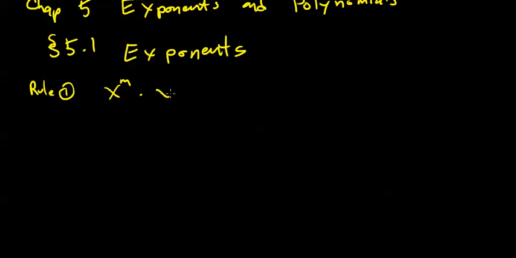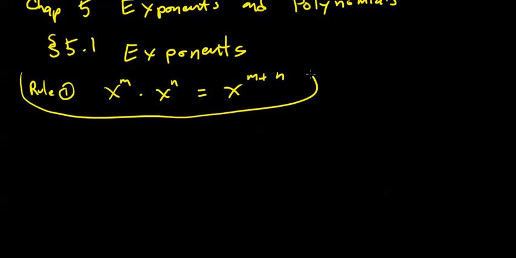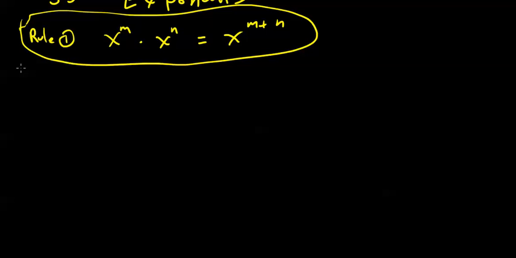If I'm multiplying two exponent expressions that have the same base and perhaps different exponents, I keep the same base and add the exponents. I'm going to call that Rule 1, and these are all listed in the book in a very nice 4-color graphic fashion. A simple example: say I've got x to the 11th power multiplied by x to the 5th power.